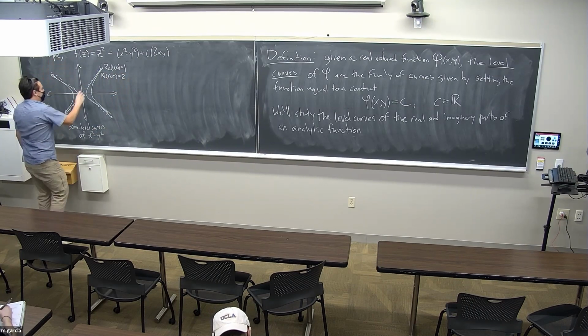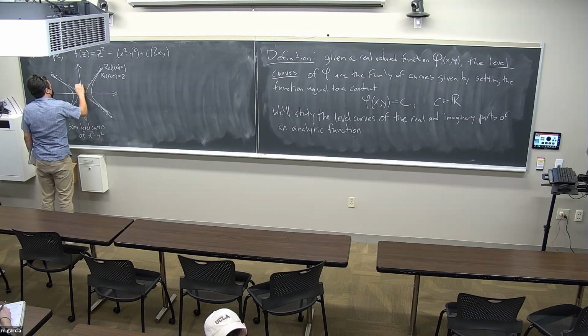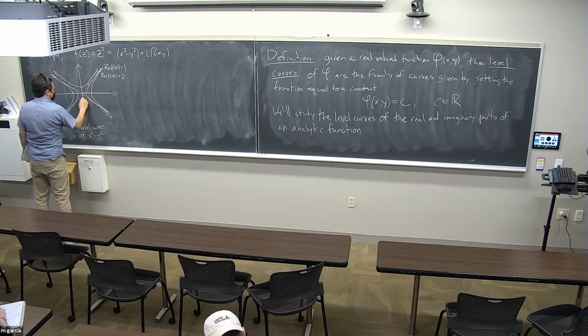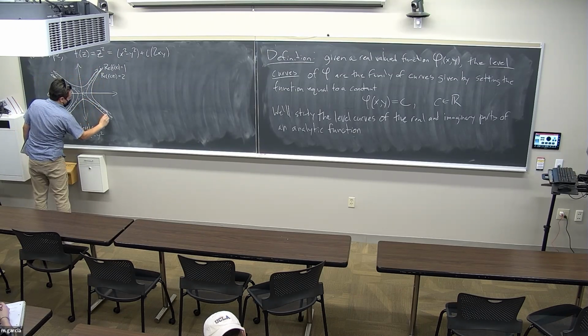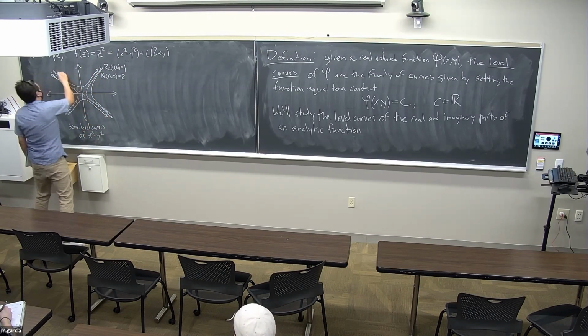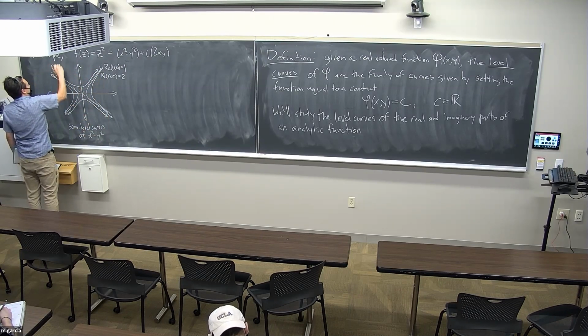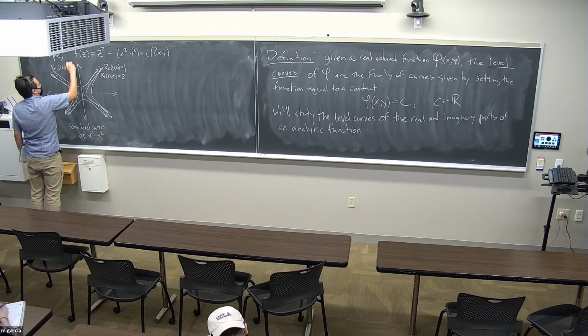So this is my level curve at the real part of f of z equal to -1.